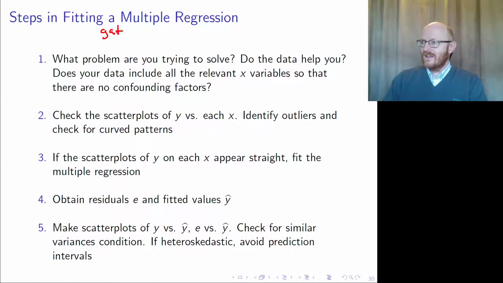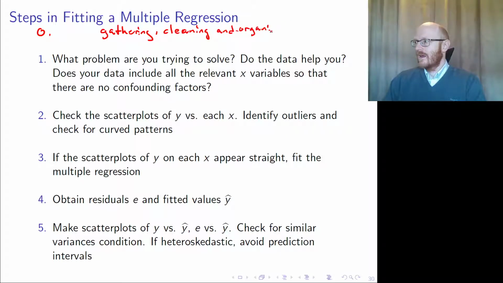Like step 0, gathering, cleaning, and organizing data is often the most time consuming.